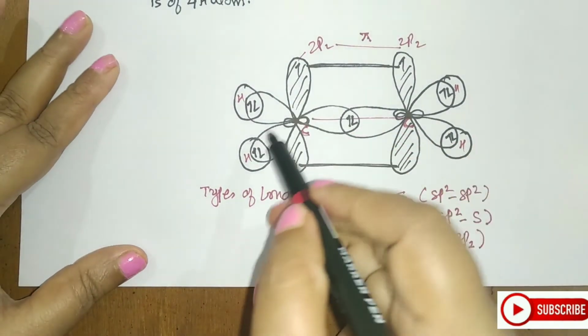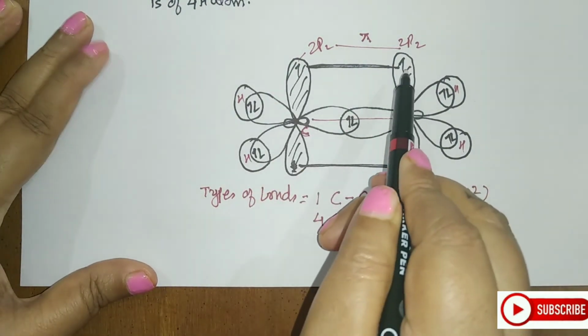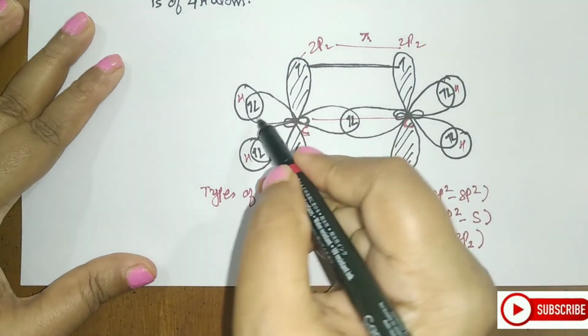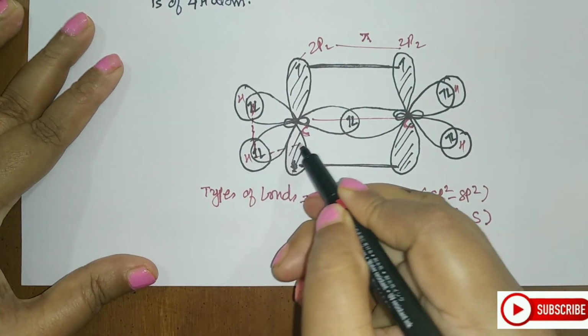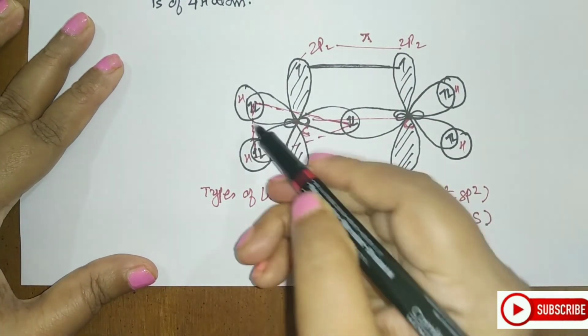For the geometry, students, you will not consider the pi bond involved orbitals. You have to take help of only the hybridized orbitals. So let us mark from here the geometry, what it will be, to the center of this bond. If you see this, this is the geometry you have.